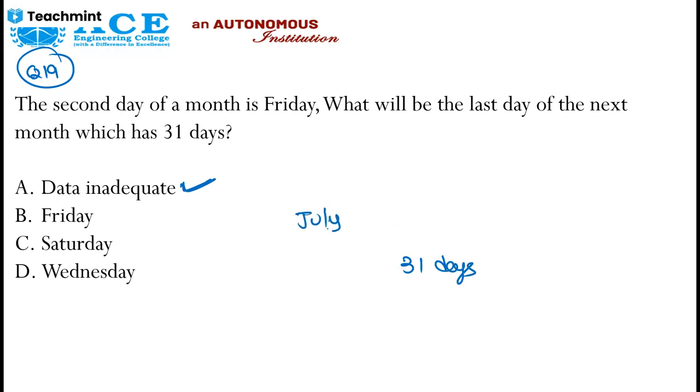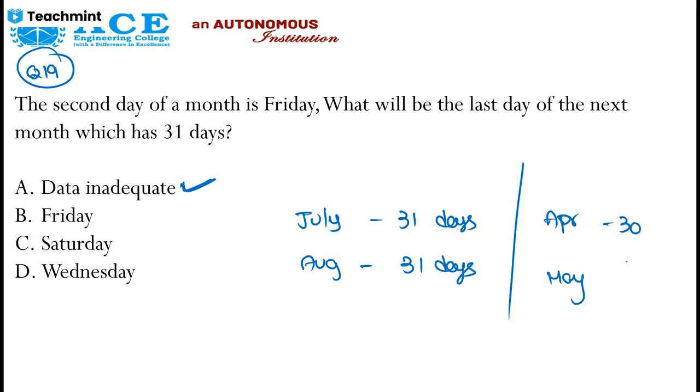If it is July and August, this is 31 and next month is 31. If it is April and May, this is 30, this is 31. If it is February and March, this may be 28 or 29, and this is 31.